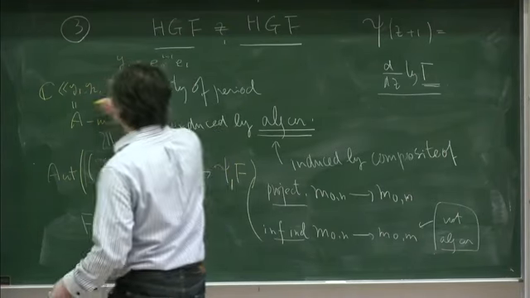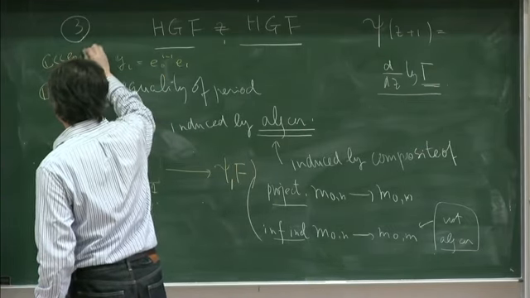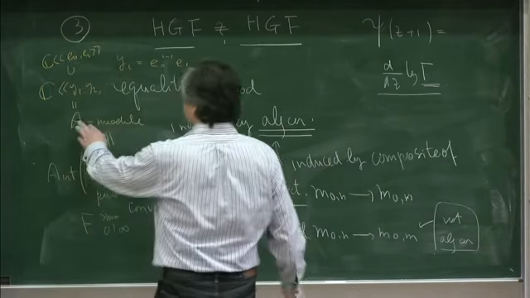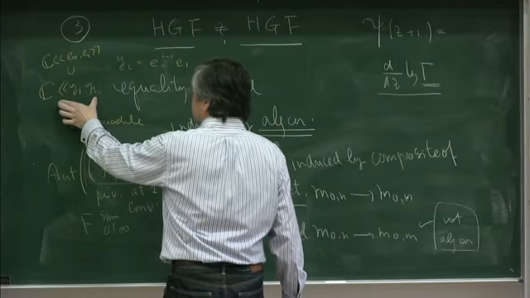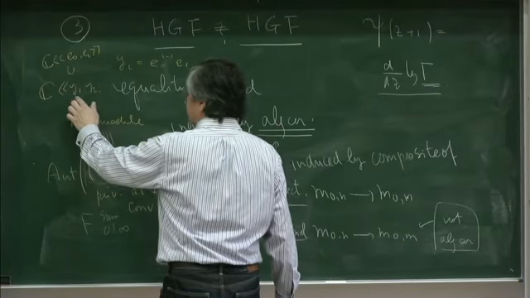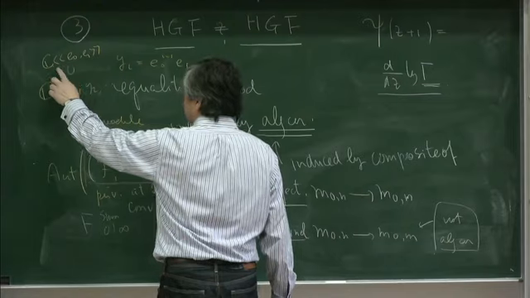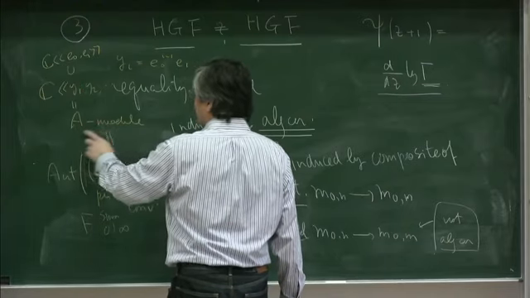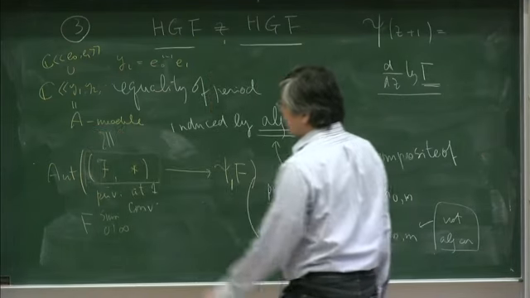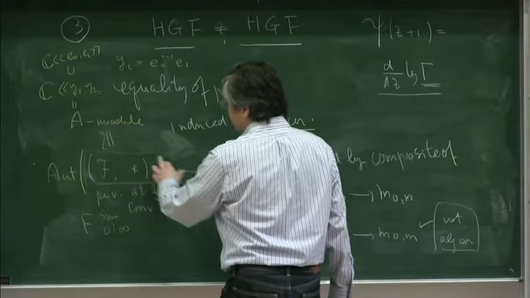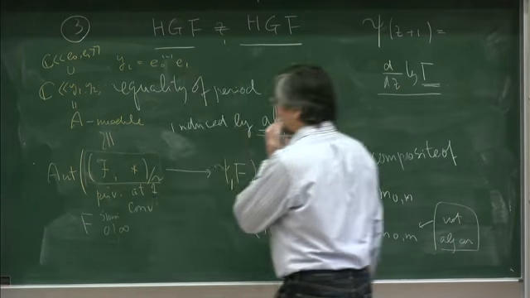Then this is considered as a subring of e0, e1. This is an infinitely generated ring, a subring of this two-generated ring, and this module is interpreted as a category, modulo some equivalence.